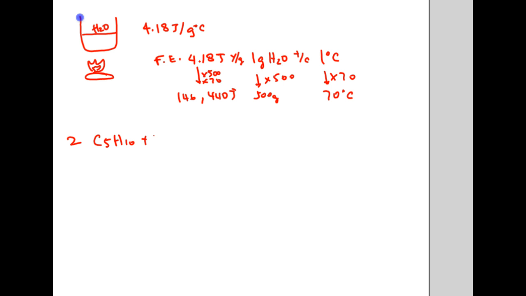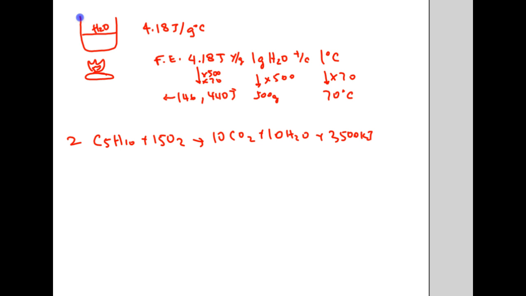Now in the reaction, which is as follows: 2C5H10 plus 15O2 yields 10CO2, 10H2O, and 3,500 kilojoules. So we're trying to figure out the connection. So we can change this to kilojoules just so that we're working with the same units.